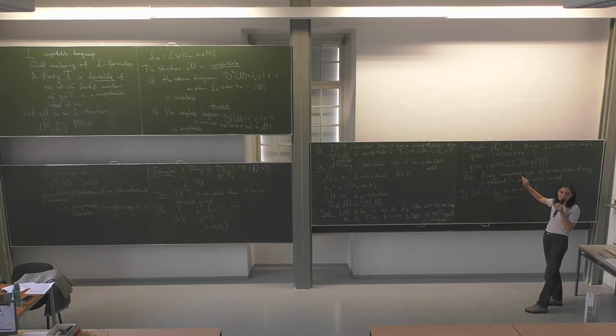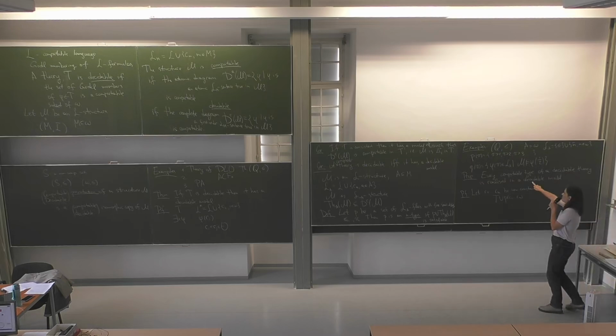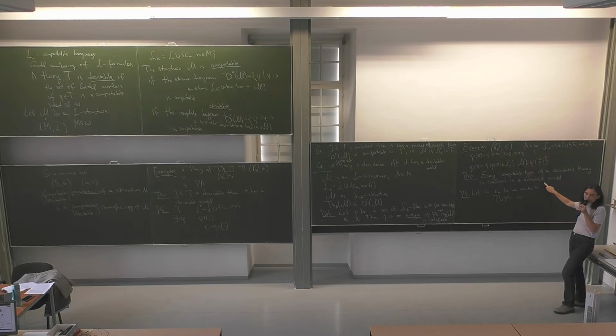So A itself must also be computable, but yes. Here we say that there exists some decidable model, so the original doesn't have to be anyhow computable.